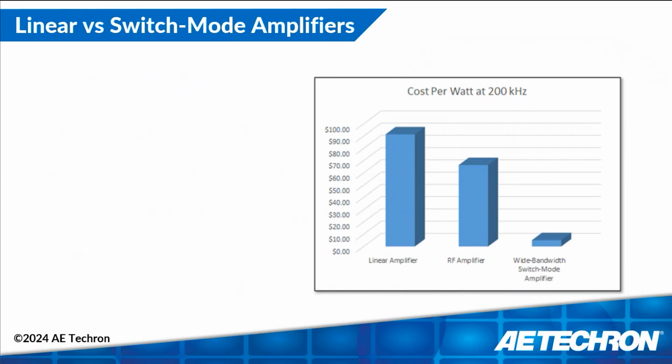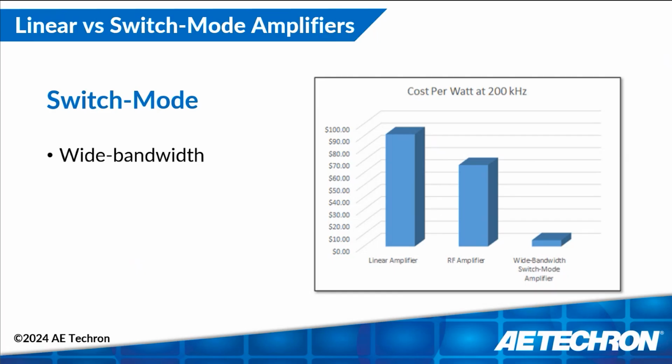However, there's a difference between linear and switch mode, because you see on this chart that our switch mode amplifiers are able to provide very wide bandwidths, from DC to 250 kilohertz, driving full power across that entire bandwidth. But also, as you see in the chart, low cost per watt. Perhaps you've not made the comparison of a wide bandwidth switch mode amplifier to an RF amplifier, and you can see here the difference in cost per watt.